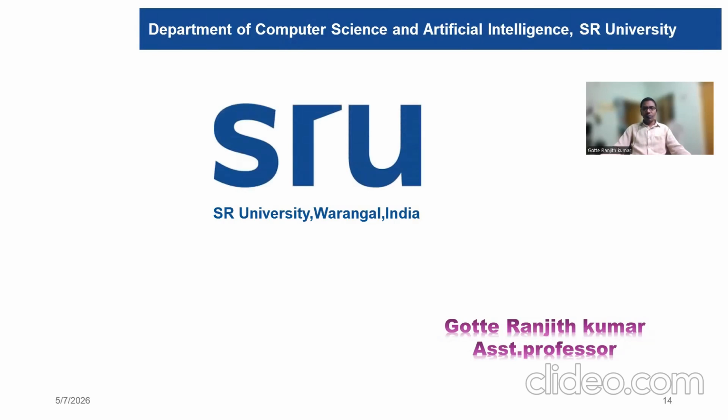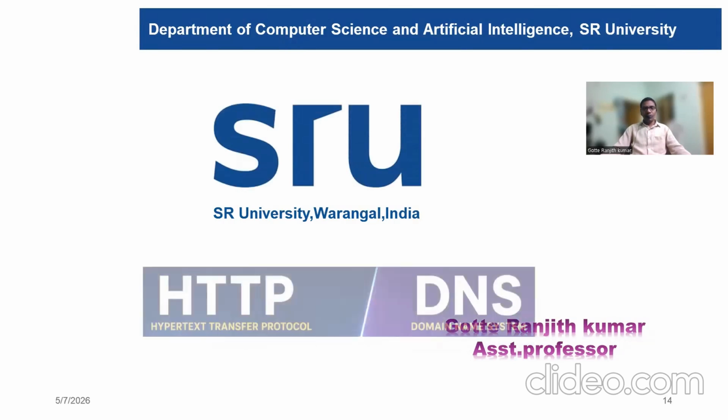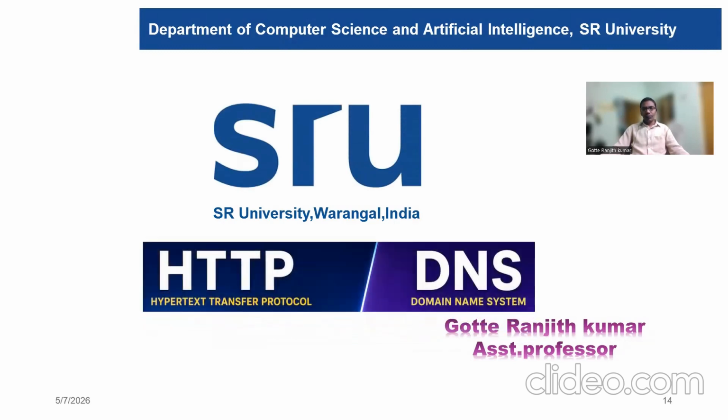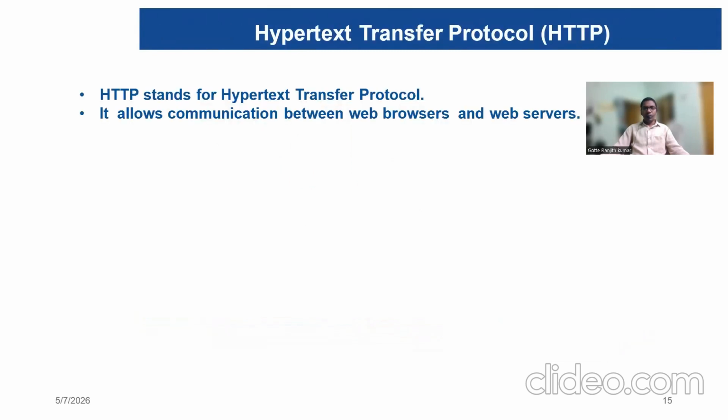So in this session, I would like to demonstrate HTTP protocol and DNS, domain name system, and hypertext transfer protocol using Cisco Packet Tracer. First, I will start with HTTP. HTTP stands for Hypertext Transfer Protocol, and this allows the communication between web browser and server, or client and server.